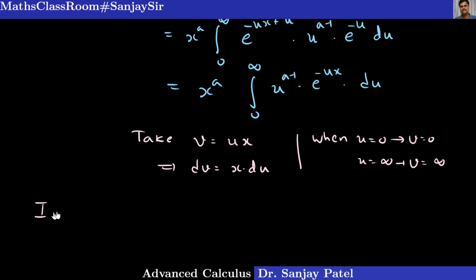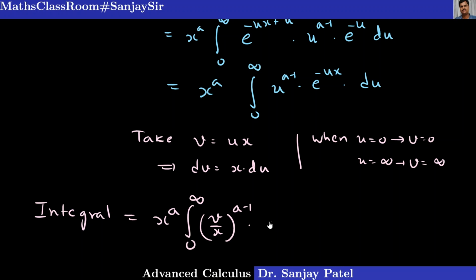So the above integral, I can write as x raised to a integral 0 to infinity, u is v upon x, so it is v upon x raised to a minus 1 into e raised to minus v, and du is 1 upon x into dv.